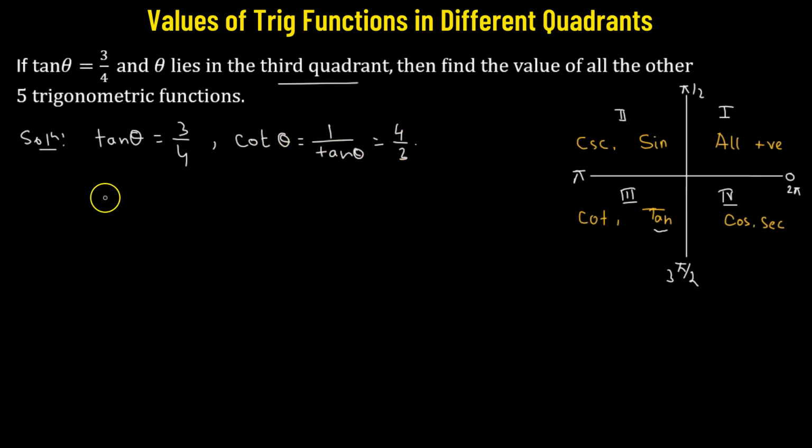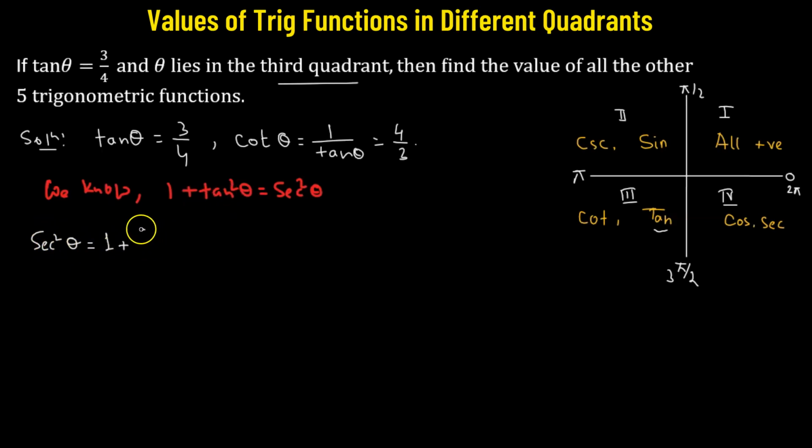Now we'll come to an identity. We know that 1 plus tangent squared theta equals secant squared theta, meaning we can use this identity to obtain the value of secant theta. So secant squared theta equals 1 plus tangent squared theta.